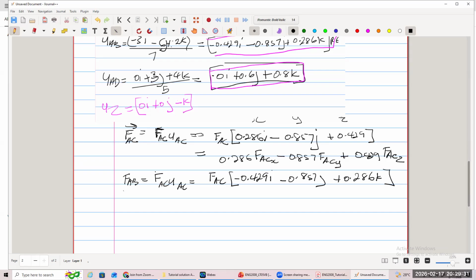Similarly, we could write this as minus 0.429 F for X, taking out the i, minus 0.857 F for Y, plus 0.286 F for Z.